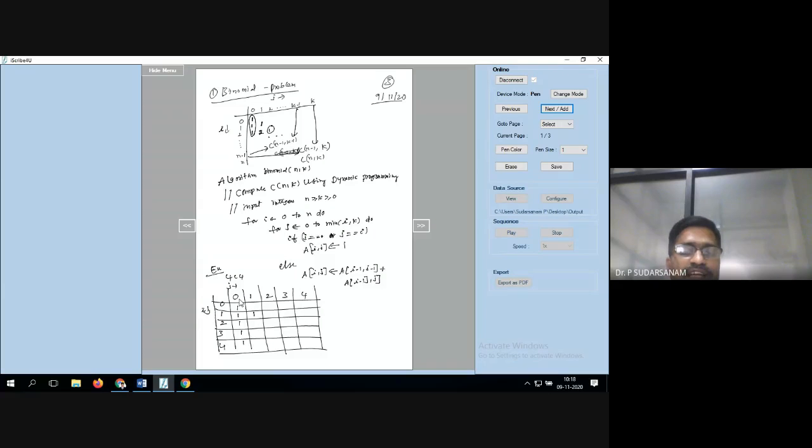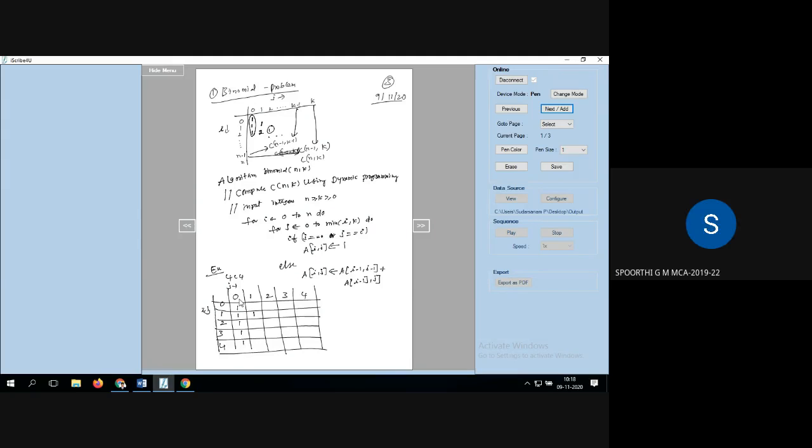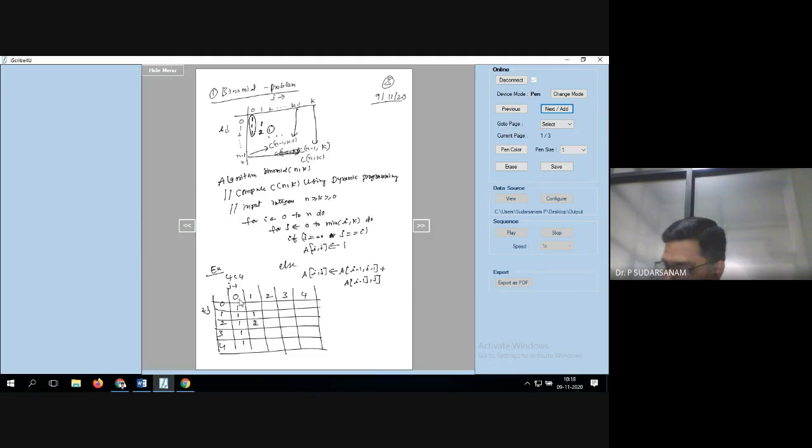What is the value you are having? 1, sir. And for the left-hand side, what value? 1. 1 plus 1? It's 2, sir. That's it. You have to write that one only.